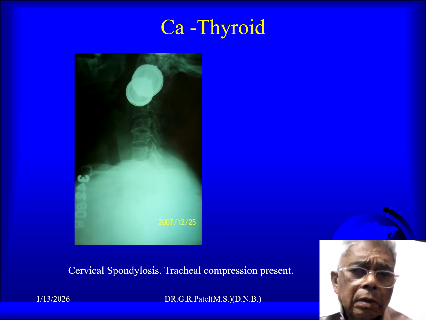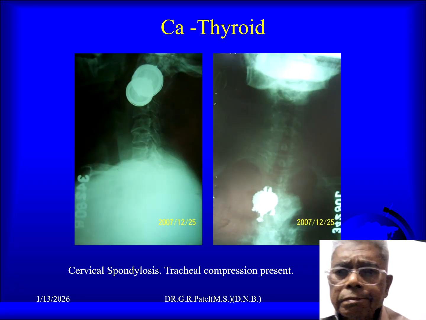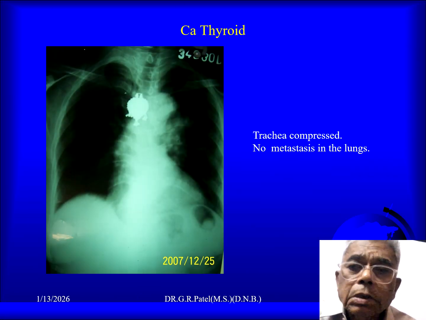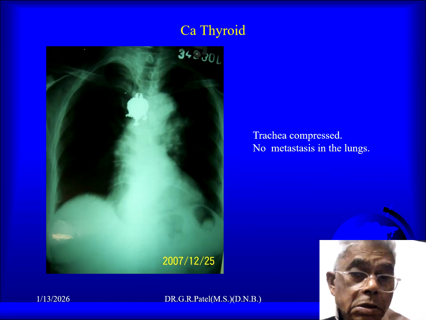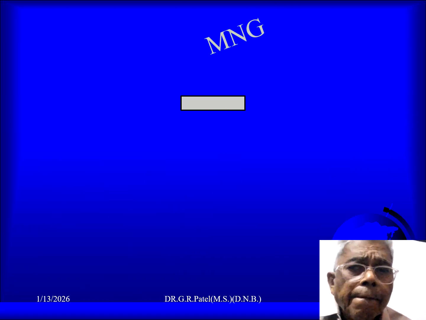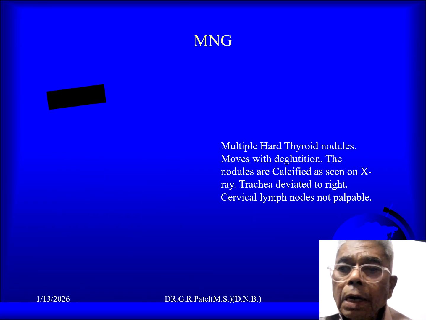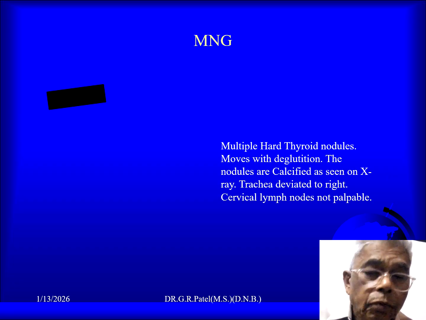Thyroid, trachea compressed, no metastasis in the lungs, multinodular goiter present. Multiple hard thyroid nodules, moving with deglutition.